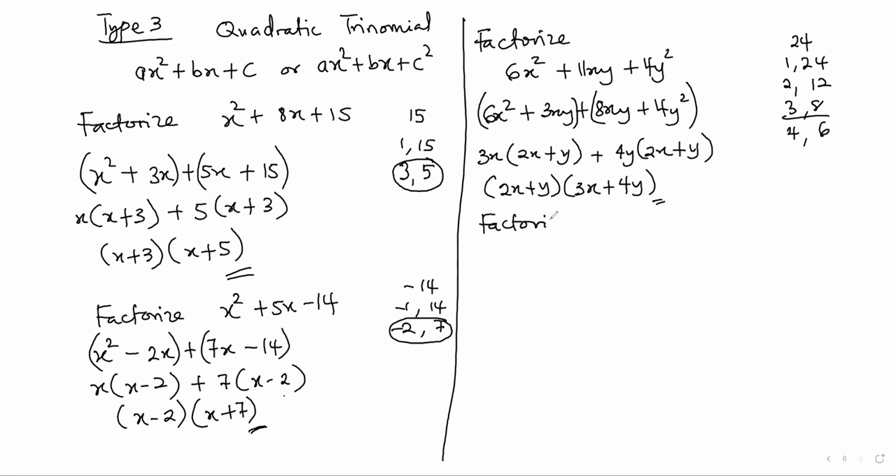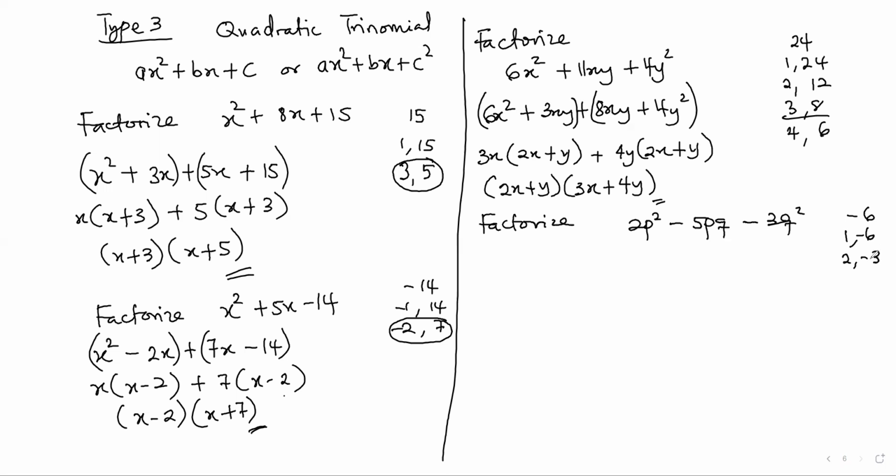We have to factorize 2p squared minus 5pq minus 3q squared. So once again, 2 times minus 3 is minus 6. The factors are 1 and minus 6, 2 and minus 3.